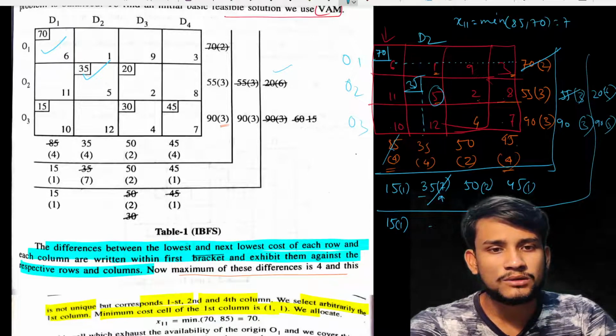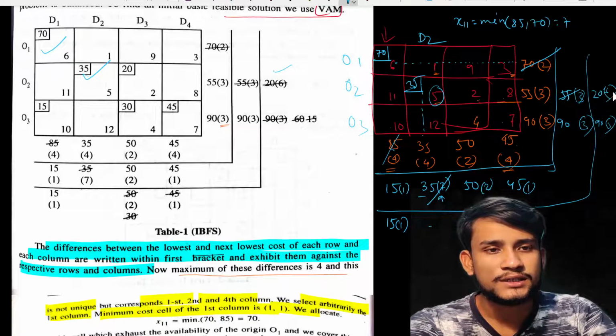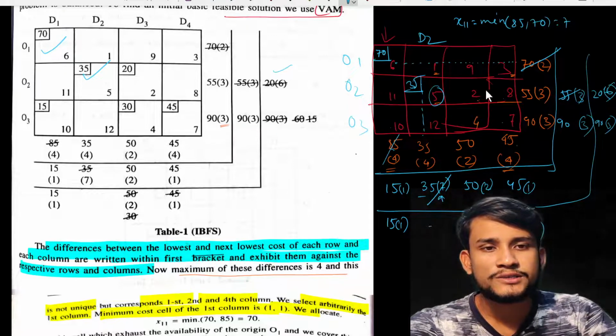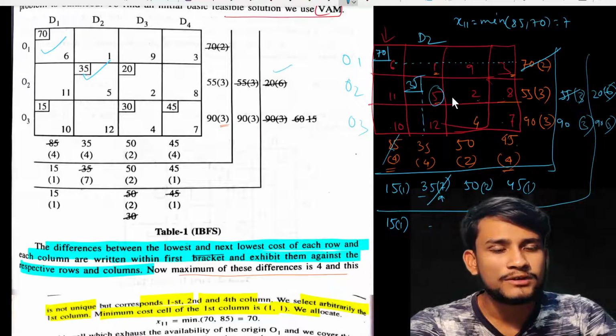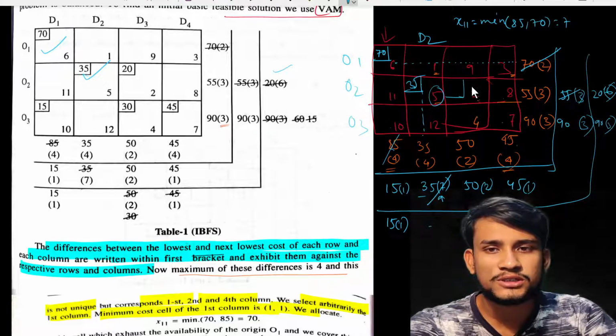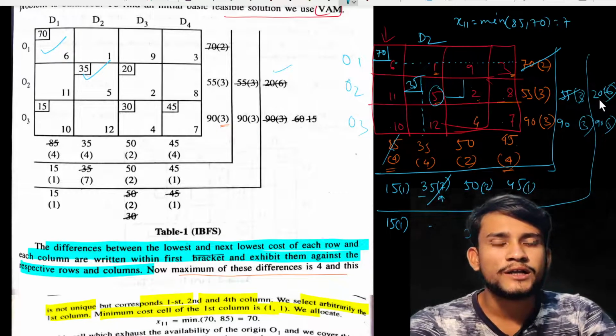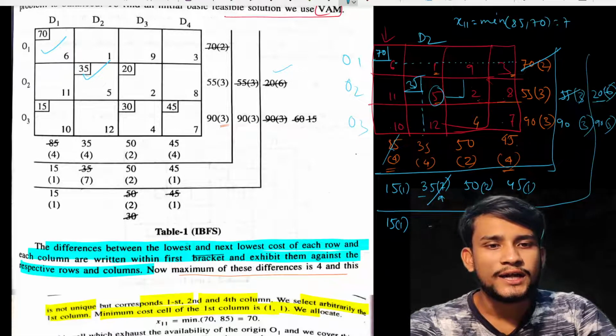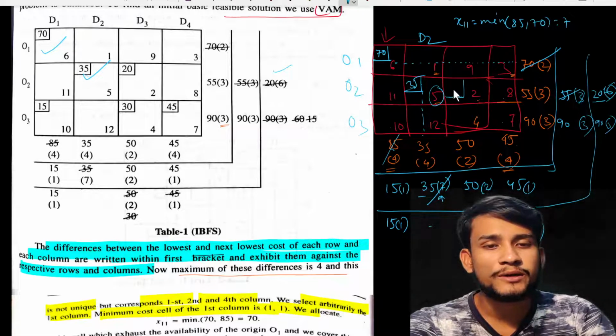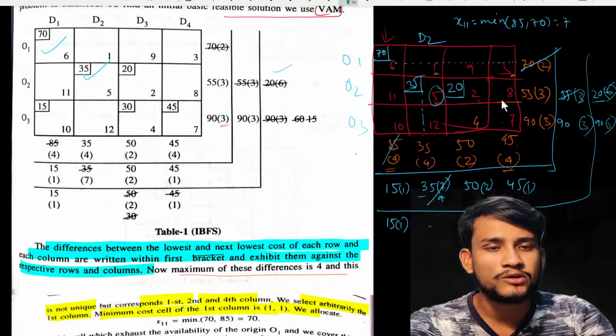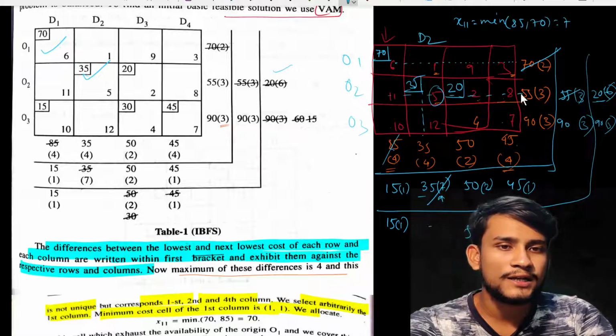Now the maximum allocation is here 6, so in this row we find the minimum cost, this 2, so we allocate the minimum of this 20 and this 50. What is the minimum of 20 and 50? It will be 20, so we allocate 20 here, therefore this cell is exhausted.